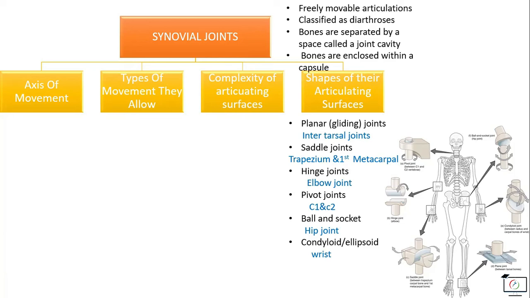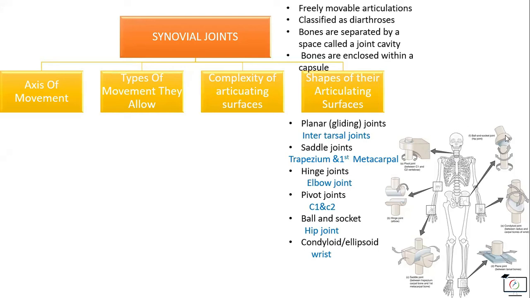The example is the joint between the trapezium bone and the first metacarpal bone. Then the hinge joint has the shape of a door hinge and allows movement only in one plane. The example is the elbow joint. Then the pivot joint, also known as the rotatory joint as it allows rotatory movement. The example is the joint between the C1 and C2 vertebrae.